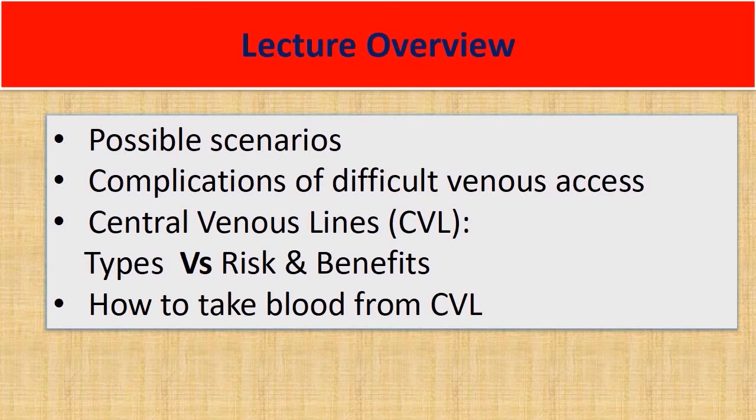Most importantly, we are going to discuss what a central venous line is, which is actually one of the life-saving skills which all medical officers should know about. And then lastly, we will discuss how to take blood from a central venous line, and this is more relevant for junior doctors or nurses that are serving in ICU.